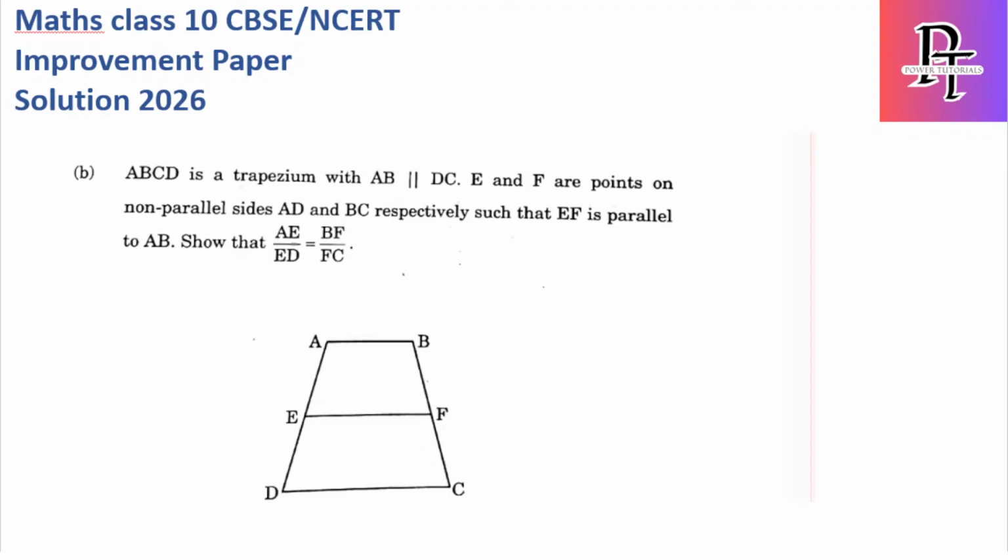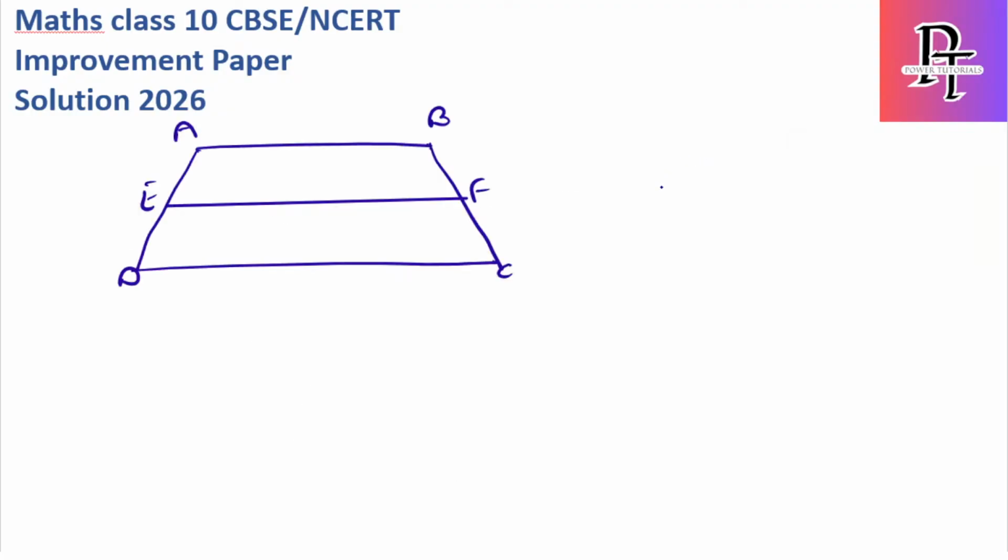Okay, so what they're asking here: AB is parallel to DC, and E and F are points on the non-parallel sides. As I said, EF is parallel to AB, so I'll write those two conditions. AB is parallel to DC, and in the same way EF is parallel to DC.